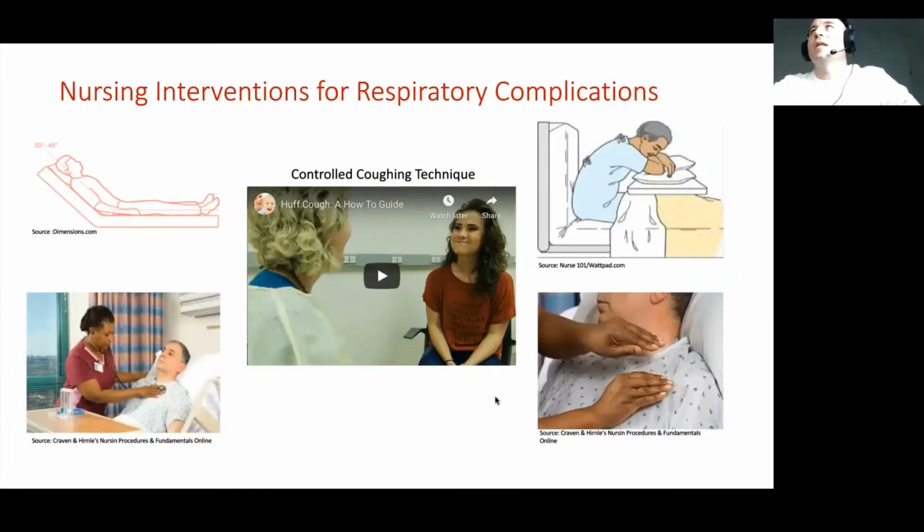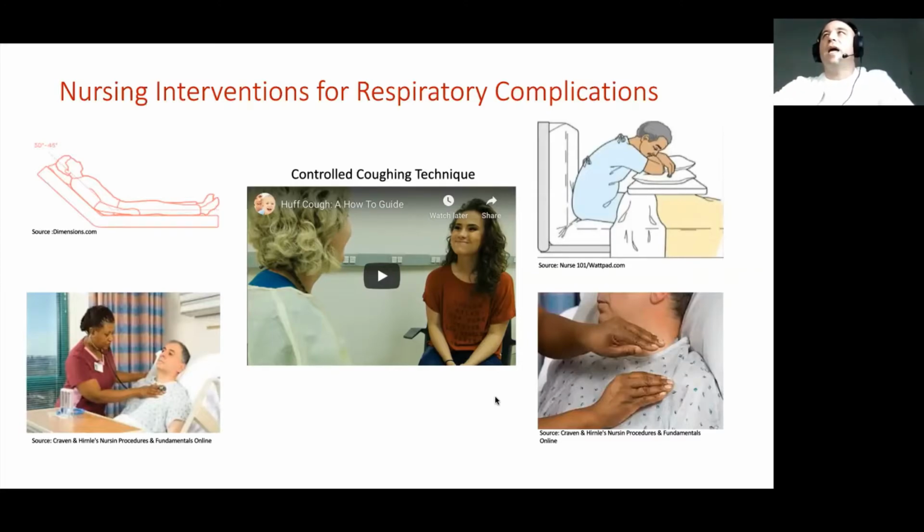We're also going to be looking at the rate, depth, and effort. If the client is having problems with this, it could be an indication that there's secretion buildup, because we can see this in an increased respiratory rate. We're also going to be wanting to take a look in combination at the O2 saturations, because if there is a secretion buildup, we could be seeing a decrease in the O2 sat readings.